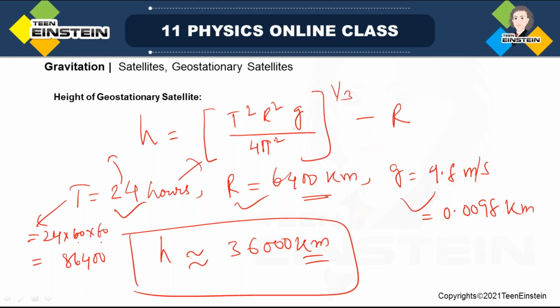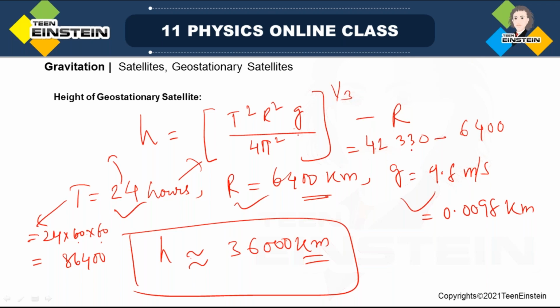So if we put these values now, look what we get: this part you will be able to get as 42330, and this part is 6400 kilometers.